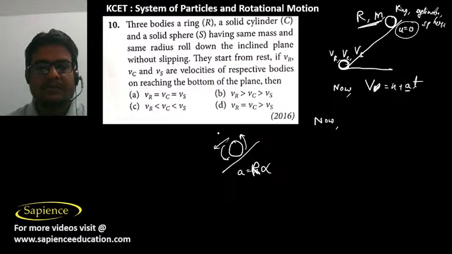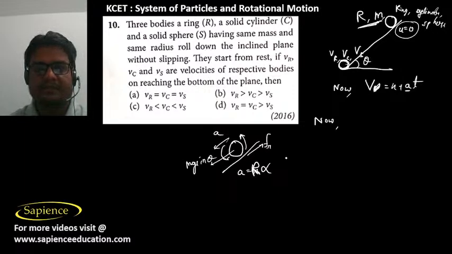They are moving downwards with acceleration A, and friction is acting upwards, and this is mg sine theta, where theta is the angle of the inclined plane. So mg sine theta minus Fr, the friction, is equal to Ma.